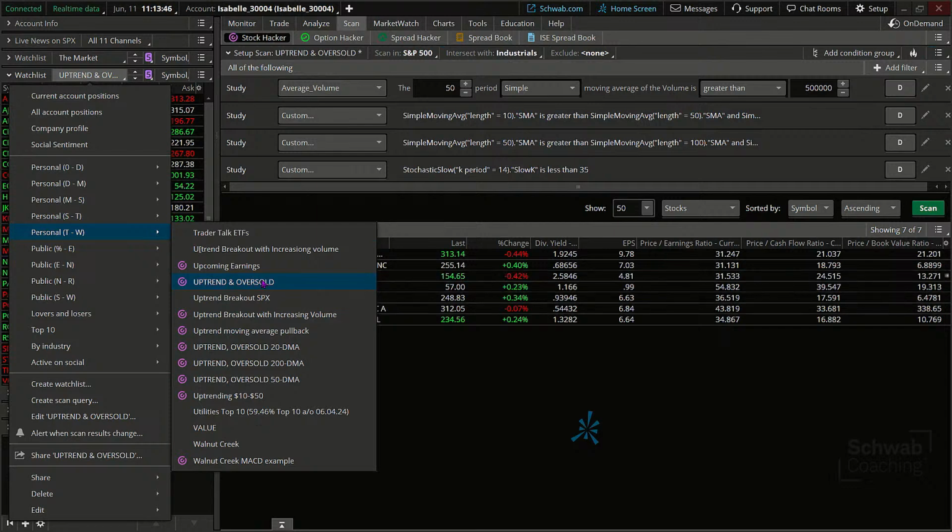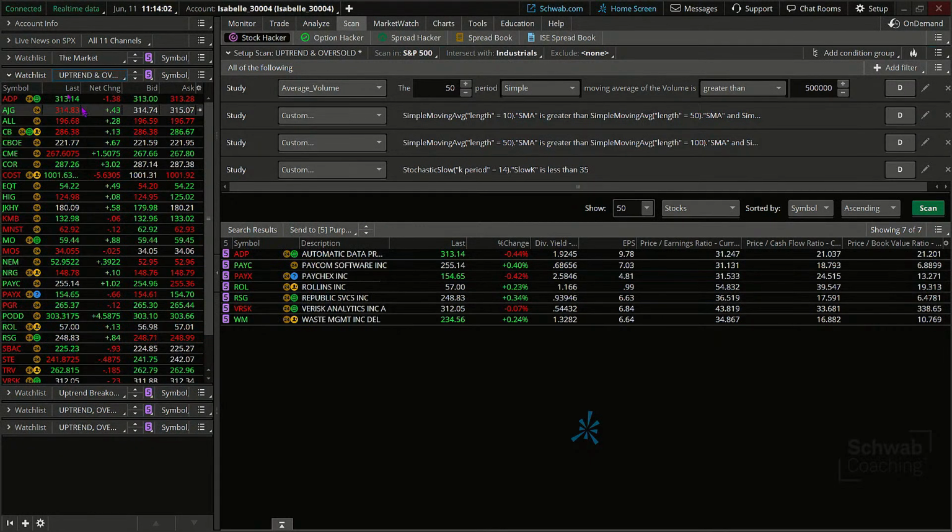And I've got a number of these, but what I want to bring your eyes to are the pink bullseyes. This lets you know that these are dynamic watch lists. That means it's utilizing the screener criteria that we've created, and it is feeding me the list of stocks that meet that criteria at any given moment in time.